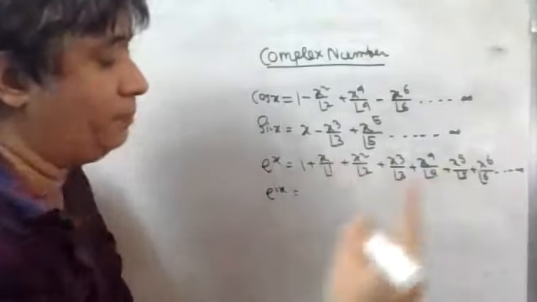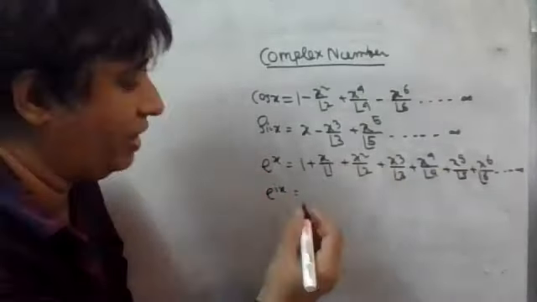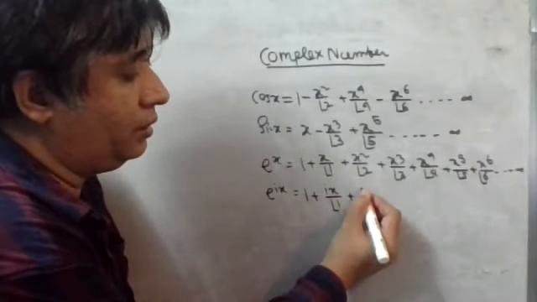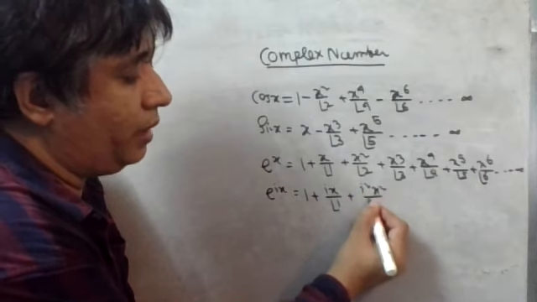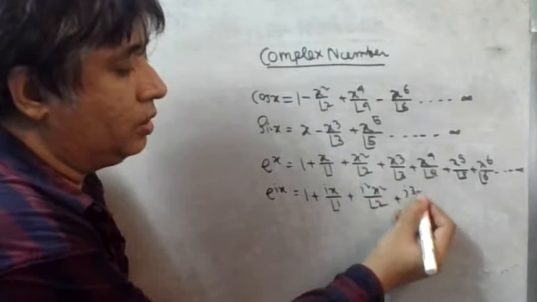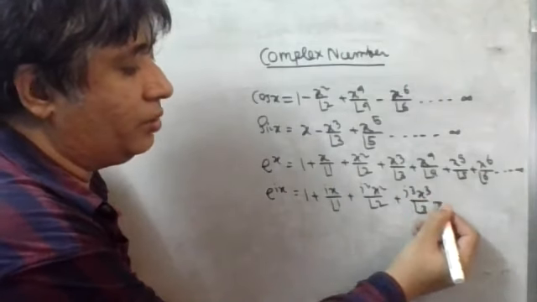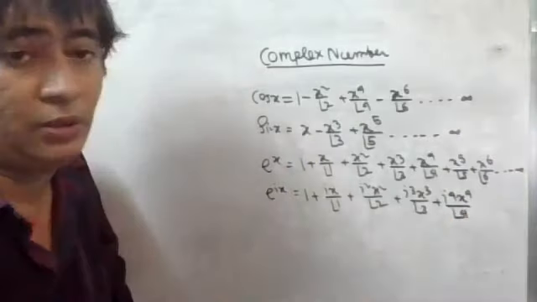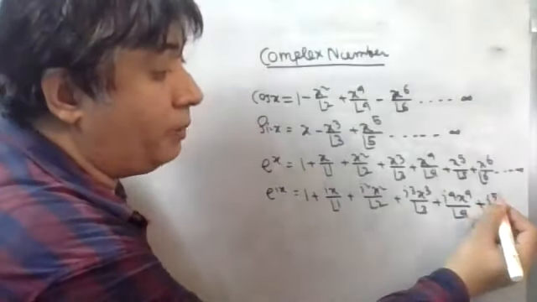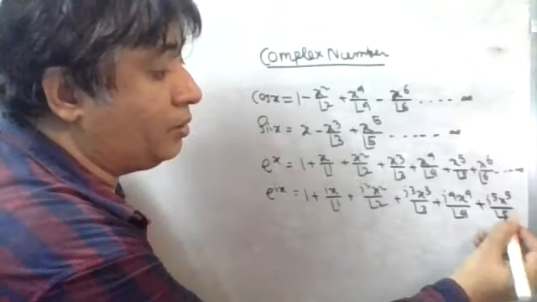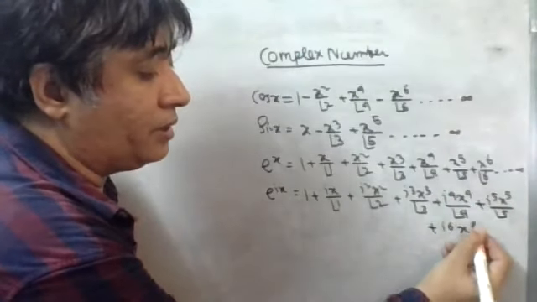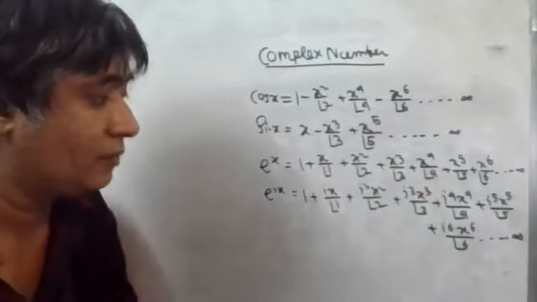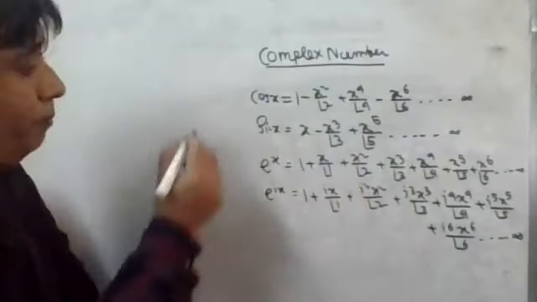So all x will be replaced by i: 1 plus ix by factorial 1, i square x square by factorial 2, i cube x cube by factorial 3, i to the power 4 x to the power 4 by factorial 4, i to the power 5 x to the power 5 by factorial 5, i to the power 6 x to the power 6 by factorial 6, up to infinity. Now you complete the calculation.